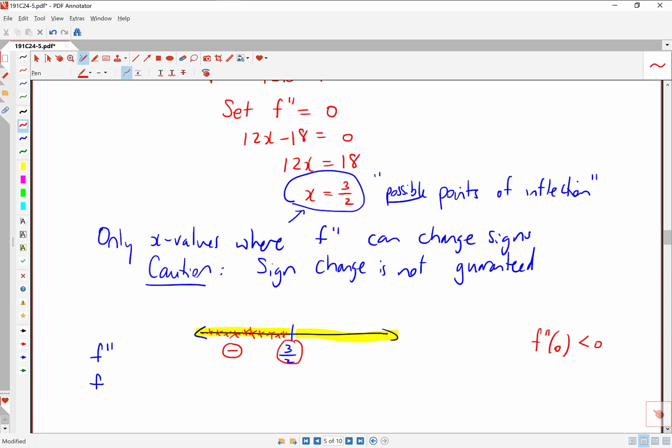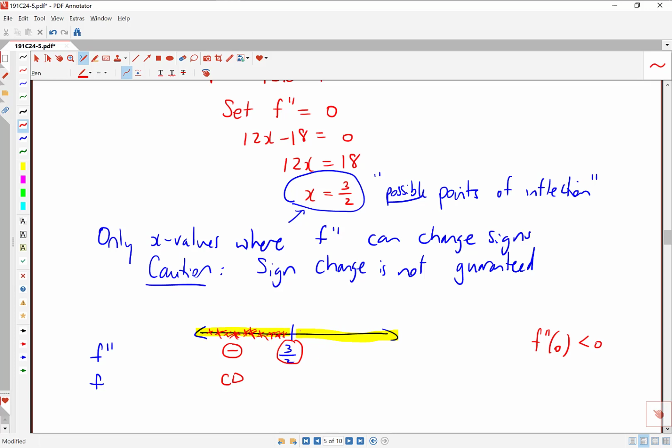So it's good enough just to test any one number that you like in your interval, and that tells you what's going on in the entire interval. So f double prime being negative tells us that our function is concave down. So for all these x values that are less than 3/2, our function is concave down.